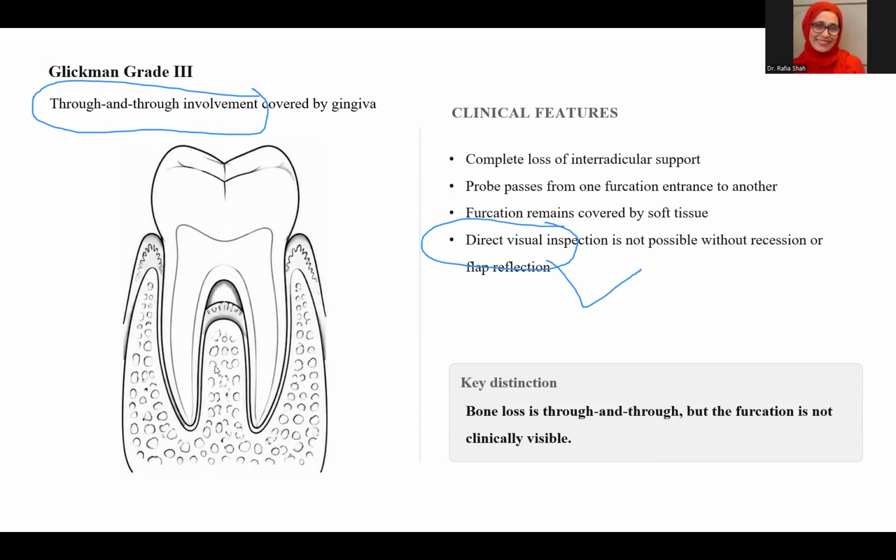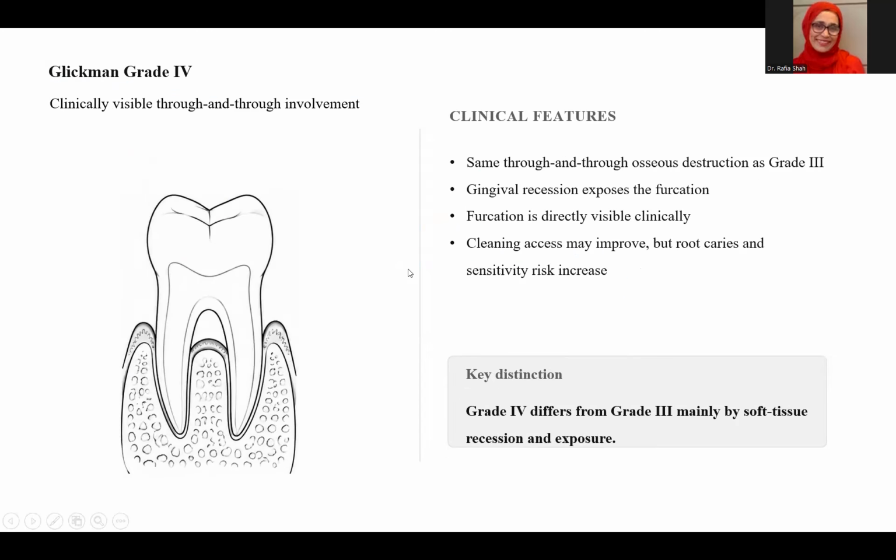Now we come to type 4, or grade 4, of Glickman. It says there is through and through invasion. Interradicular bone loss is through and through, but along with soft tissue loss. When there is soft tissue loss, it means I can easily see this case clinically. When patients come to me, I can easily see this furcation invasion clinically, with bone loss as well as soft tissue loss.